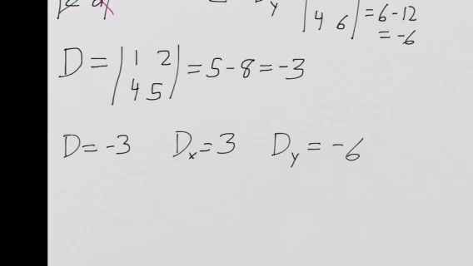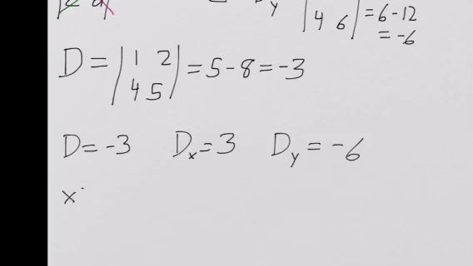And then the final solution to our system of equations is going to be x equals D sub x over D. So that's 3 over negative 3, which is negative 1.